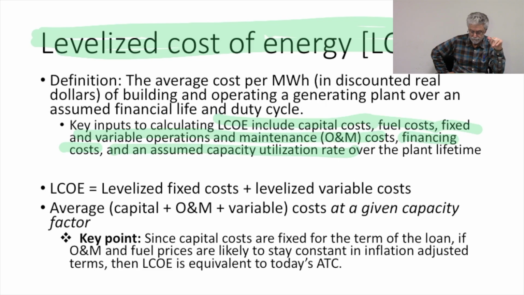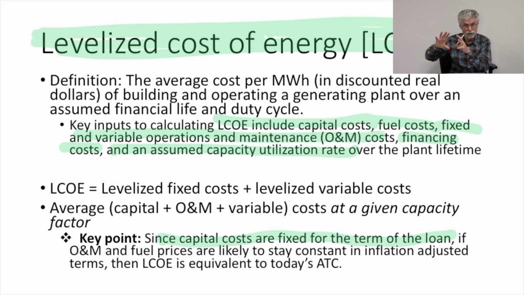So our capital costs are fixed for the term of the loan, and we think of the term of the loan as being about 30 years, about the same length of time we expect the power plant to operate. And so if operation and maintenance costs and fuel costs are likely to stay about the same once we adjust them for inflation, then the levelized cost of energy is actually just the average total cost of the power plant today.